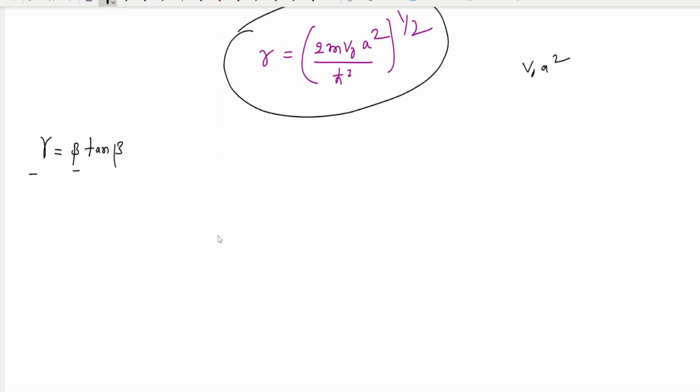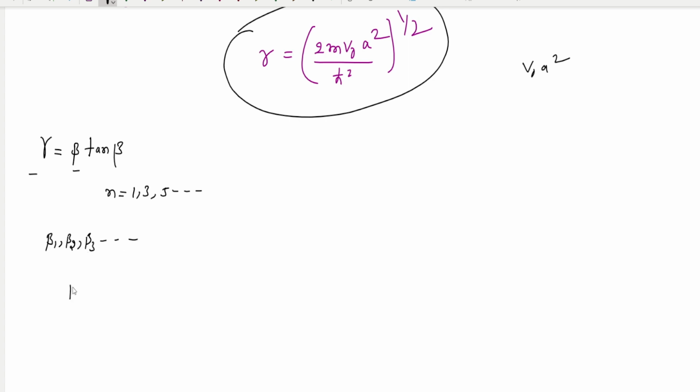For example, n equal to 1, 3, 5, and so on. So therefore we can get the beta 1, beta 2, beta 3 values.